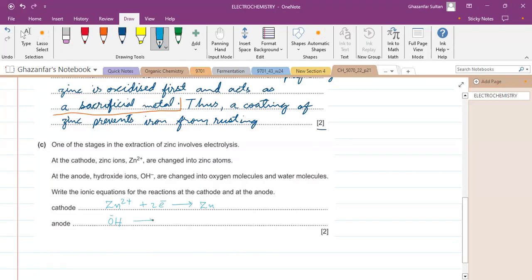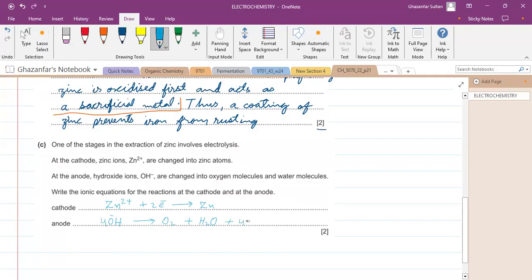So oxygen is produced as well as water is produced.